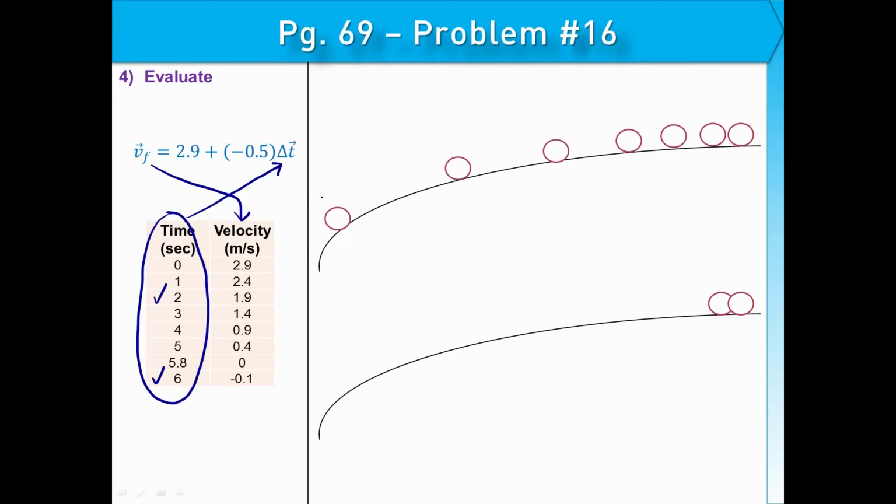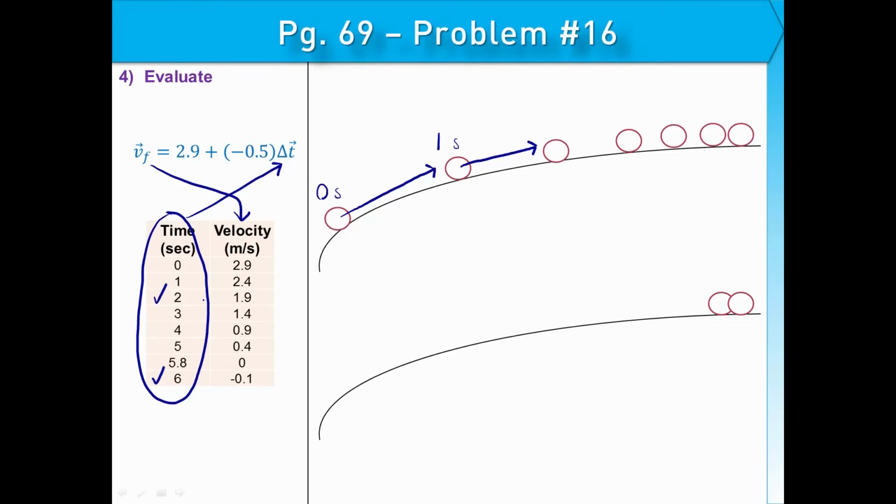I'm going to let this be time equals 0 seconds. Since this has the largest magnitude, it should have the longest vector on this diagram. So I'm going to draw my vector. There we go. Then the next one, at time equals 1 second, the velocity decreases to 2.4 meters per second. So this is my 1 second, and I'm going to draw my arrow right here.